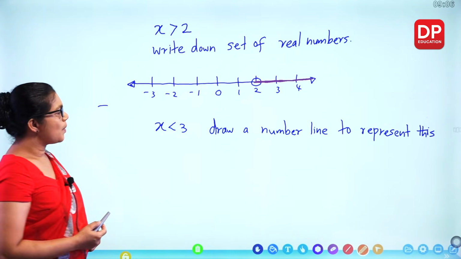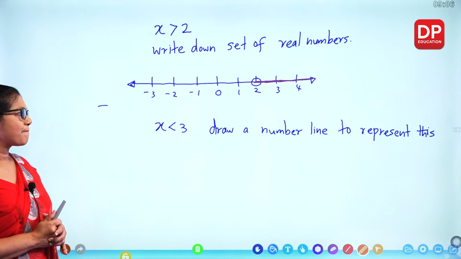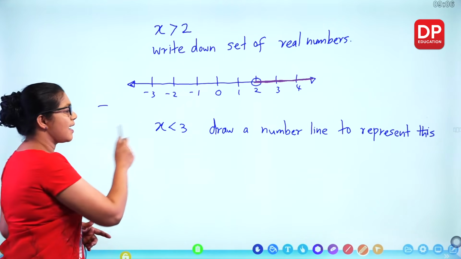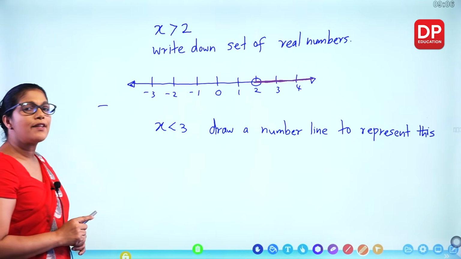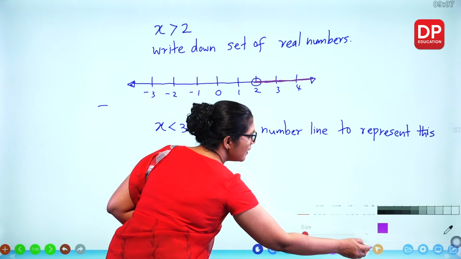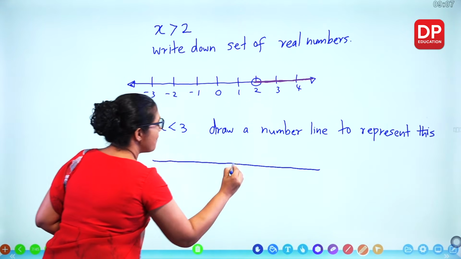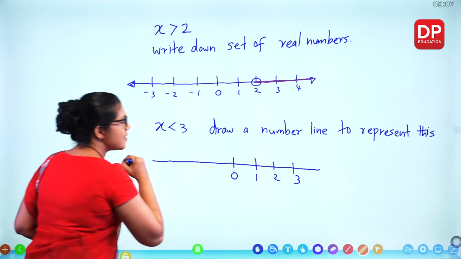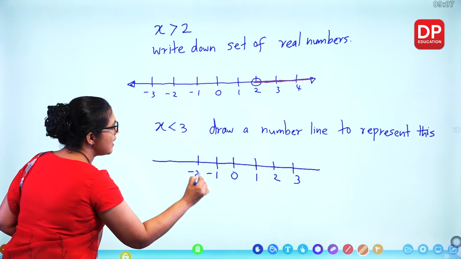Now we'll take this one. Draw a number line to represent this. What is this? We have to start with the letter x. x is less than 3. If you want to draw a number line, we can mark 0 in the middle and then write positive numbers to the right and negative numbers to the left.